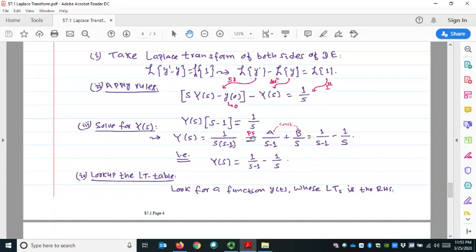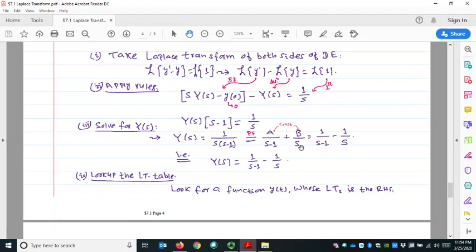So then I need to apply partial fractions to convert this quotient form into a sum or difference of other fractions. So I do have linear factors in the denominator. So with the partial fraction expansion method, I can rewrite this as A over one factor plus B over another factor. A and B are both constants to be determined.